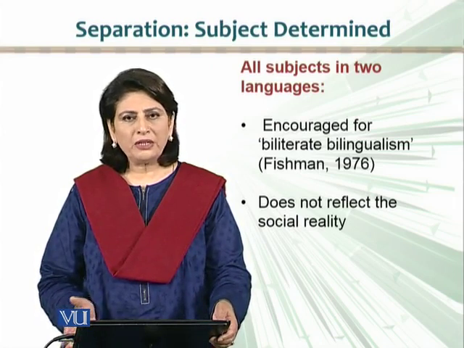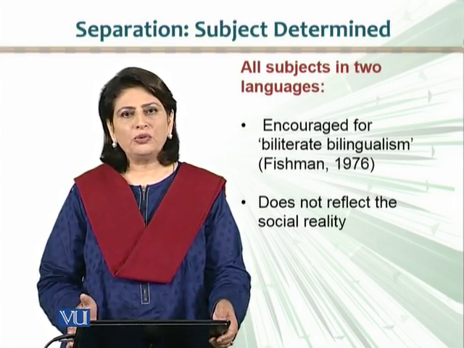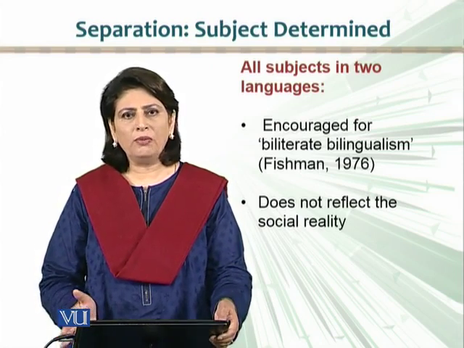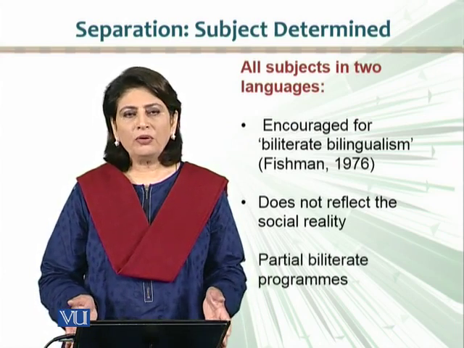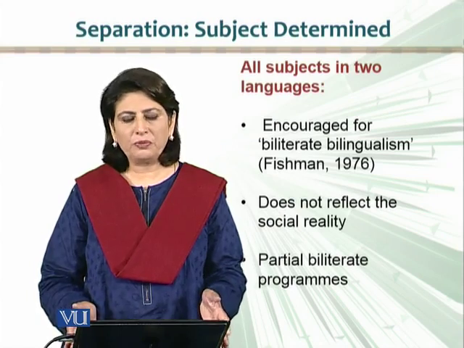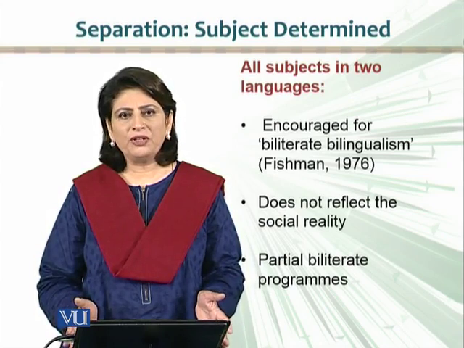So theoretically, it might not be possible for the children to develop that kind of biliteracy always or for all. So what we come back to is what we call partial biliterate programs. What are those partial biliterate programs?